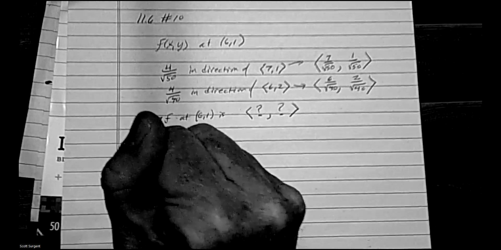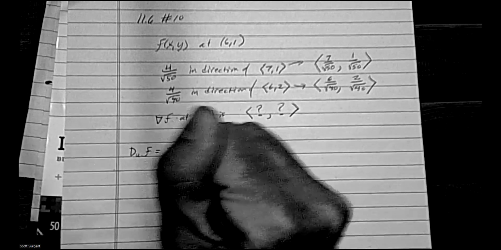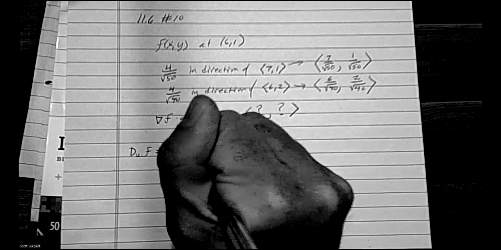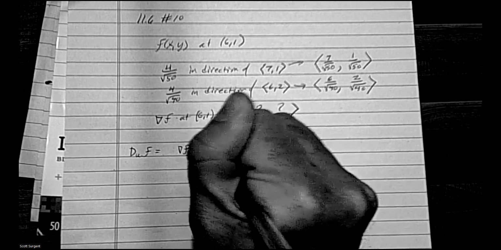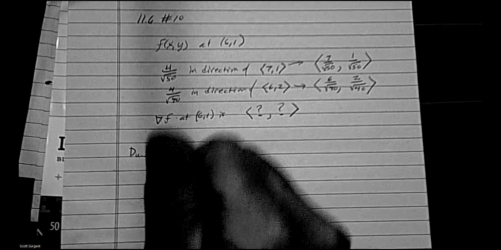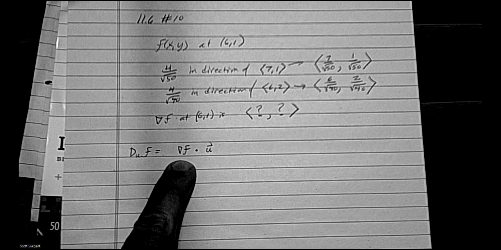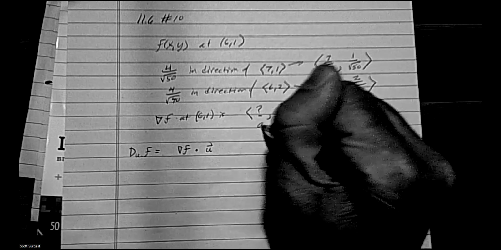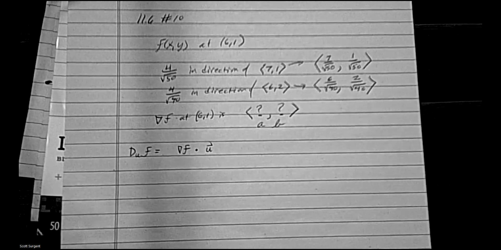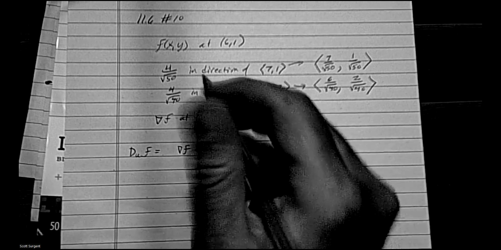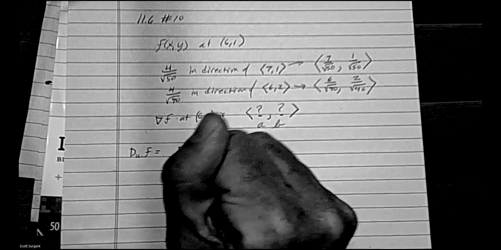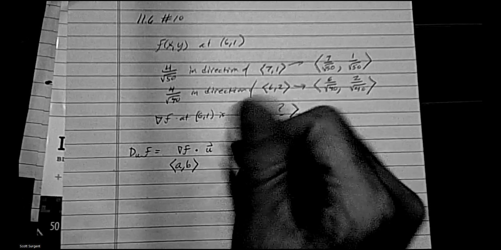So the directional derivative formula is to take the gradient and then dot it with the actual vector that you're going in the direction of. Well, clearly we don't know what the gradient is. So I'll tell you what, instead of question marks, how about we just use A and B? Whatever the gradient is, we'll just call it A and B for now. Now let's do it for the first one.